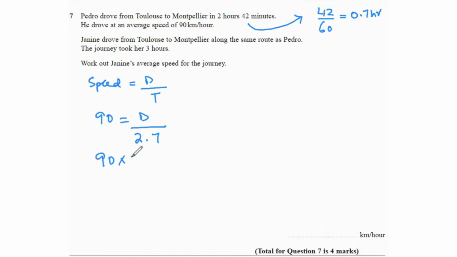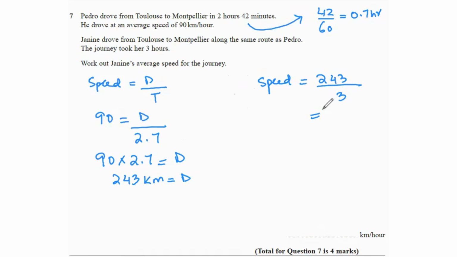The 90 times 2.7 is the distance, which is 243 kilometers. Now to find the average speed, we do 243 divided by 3, which is 81 kilometers per hour, and that is your answer.